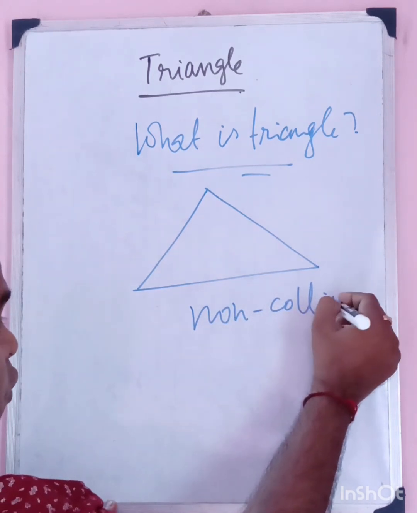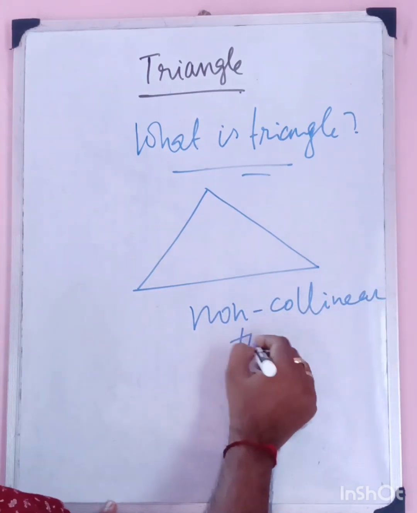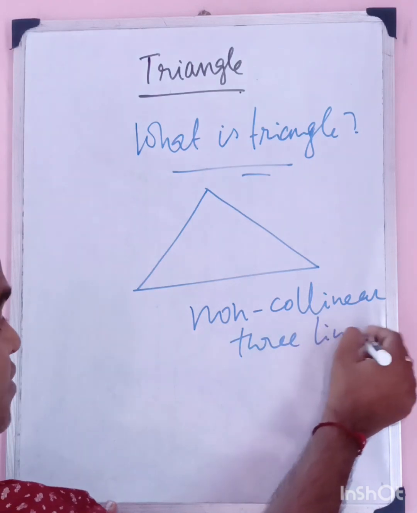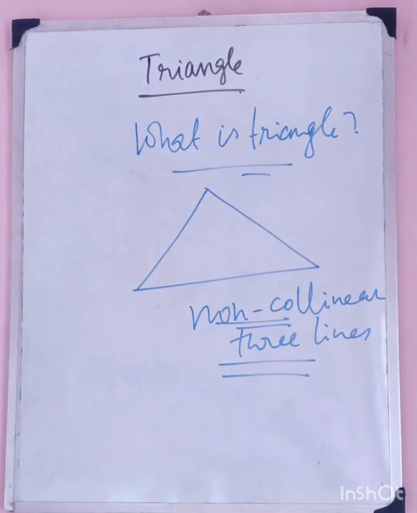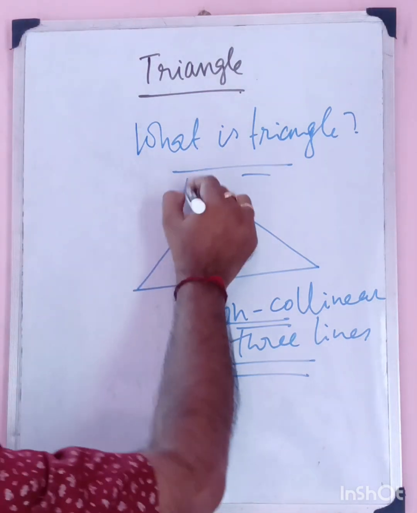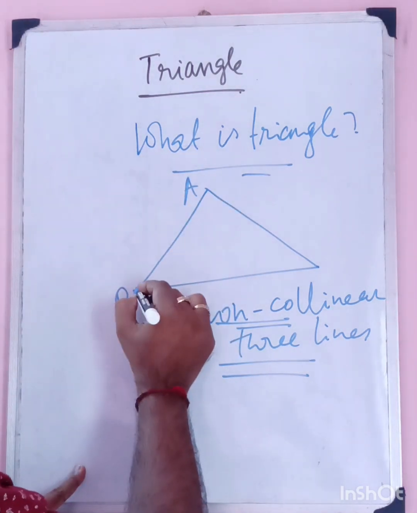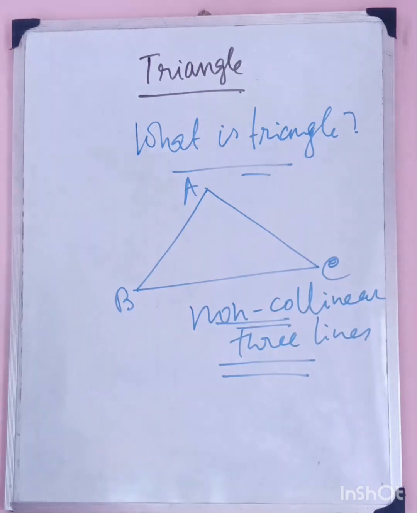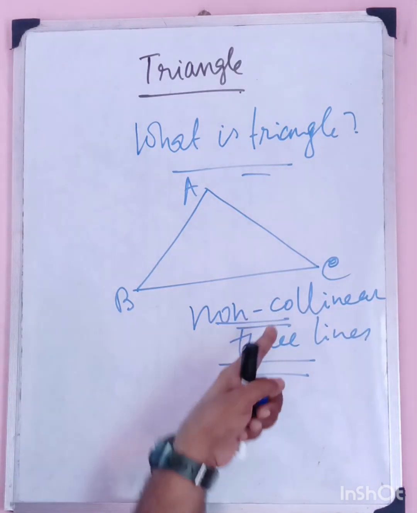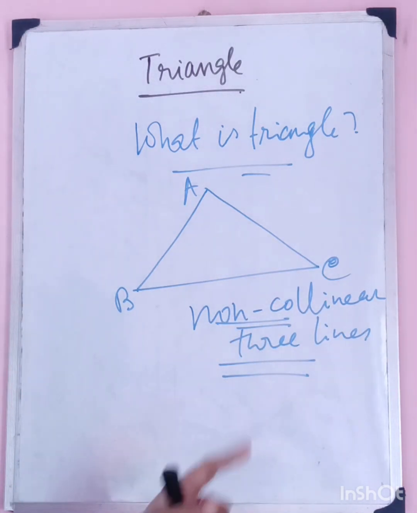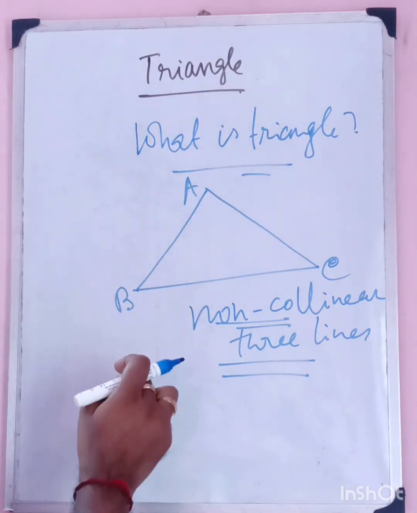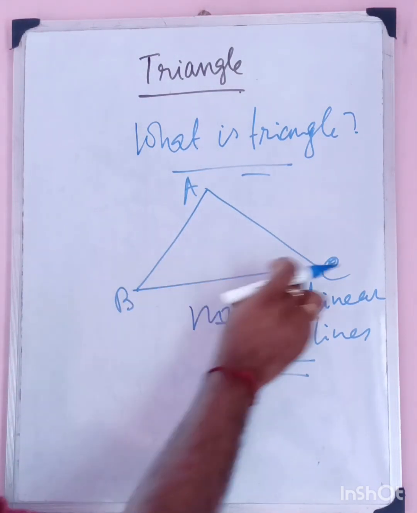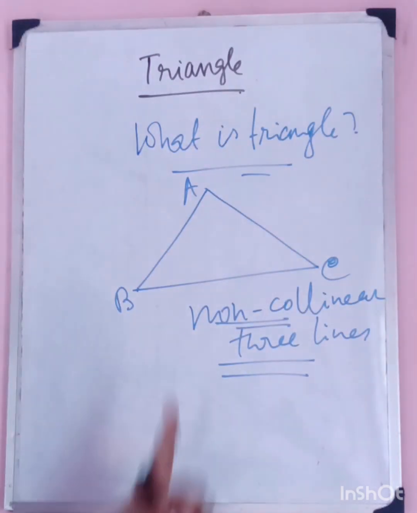So, three non-collinear lines. This is a closed figure, bounded by three non-collinear lines. Let us denote these lines as AB, BC and CA in this picture.